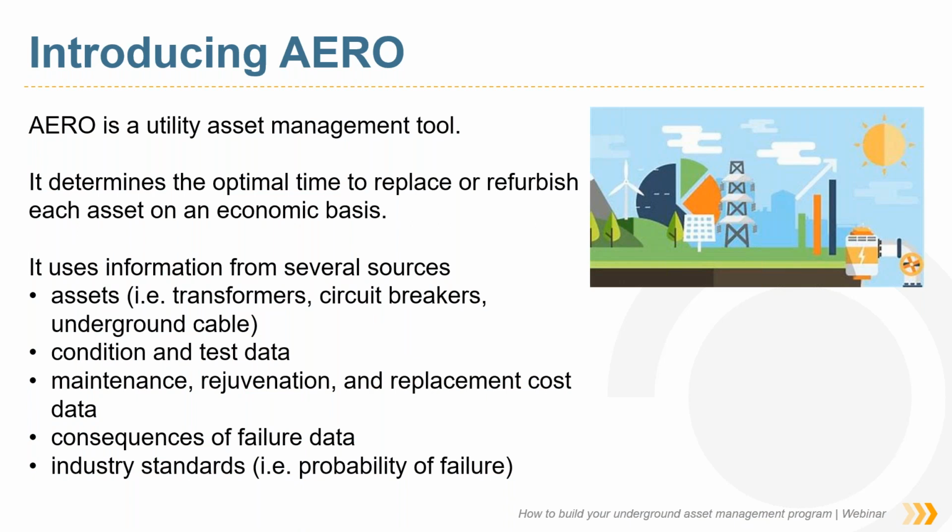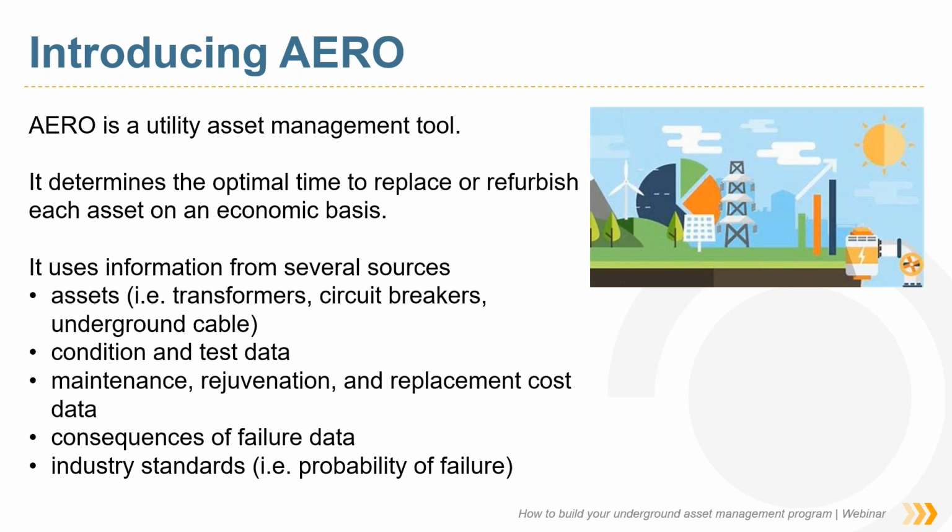Its focus is to answer several questions, and the most important is the "so what" question that Darren talked about earlier, which is to determine the optimal time to either replace or refurbish each segment of your underground cable based upon an economic basis.